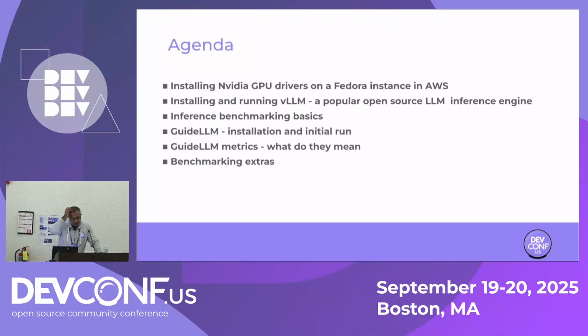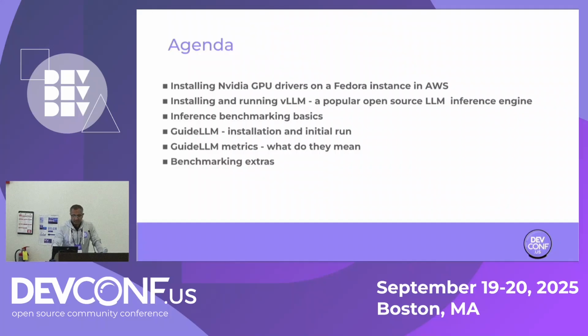So the agenda for today is I will walk through the easy part of the slide deck, which is how to install a GPU driver on a Fedora instance in AWS. There are a lot of things I learned in the process of doing that, so I wanted to share some of them with you. And how to run a vLLM inference server using Podman. We'll unpack some of the nuances.